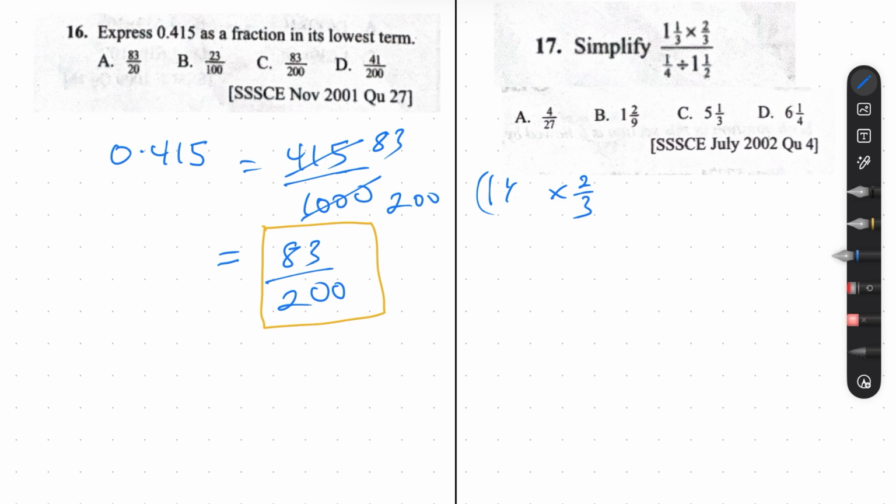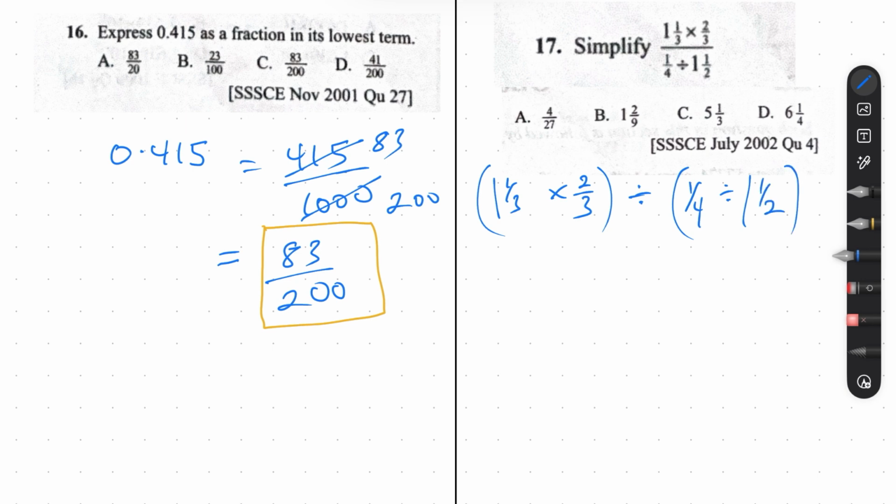Let me move this bracket. So we have 1 over 3. Then we have the division sign I mentioned earlier. And we put this also in another bracket, divided by 1 over 2. Right?